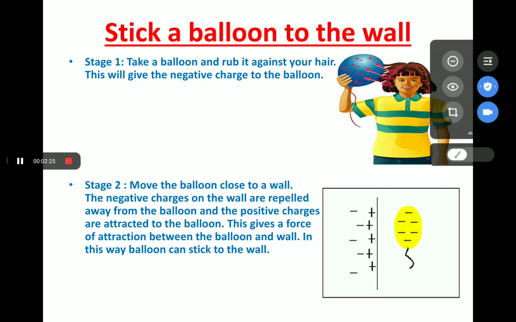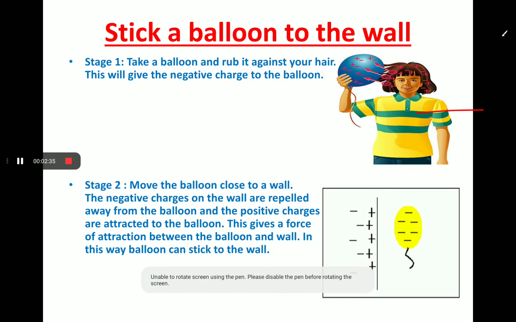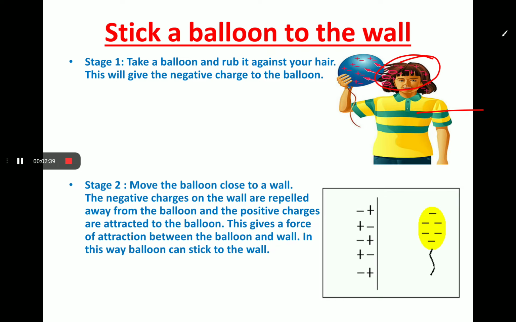In the second experiment, when we try to stick a balloon against the wall, it cannot stick to the wall. But when we rub it against our hair, then the balloon is electrically charged. And after this, if we bring this balloon near the wall, then it sticks to the wall, as you can see here.